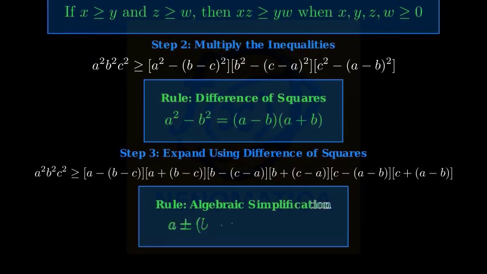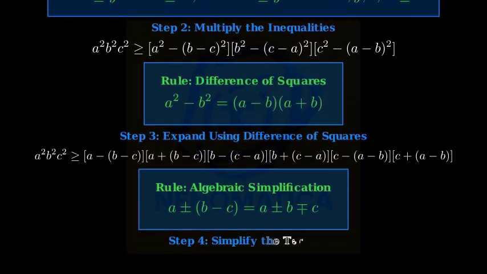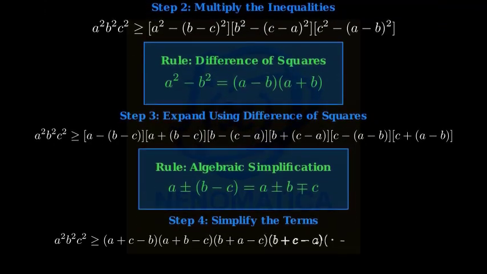Now, following the algorithm, we'll simplify each term in the expansion. The term a minus the quantity b minus c simplifies to a minus b plus c, which is a plus c minus b. The term a plus the quantity b minus c simplifies to a plus b minus c. The term b minus the quantity c minus a simplifies to b minus c plus a, which is b plus a minus c.